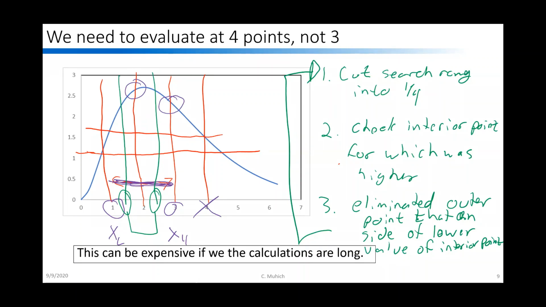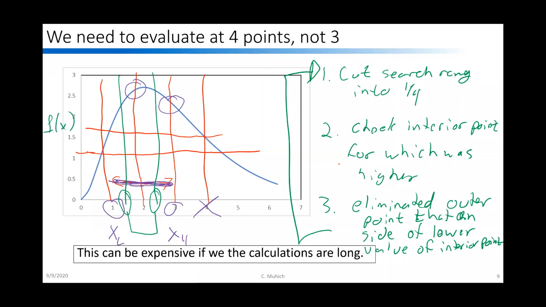If my function evaluation is relatively fast, it doesn't matter so much that I'm doing all these function evaluations. If it's 1 or 2 lines of code, not so expensive. But this gets very computationally expensive if it takes a long time to calculate f of x.